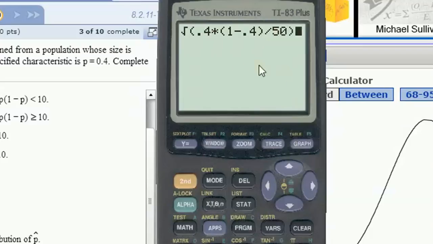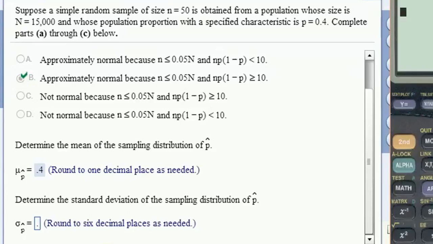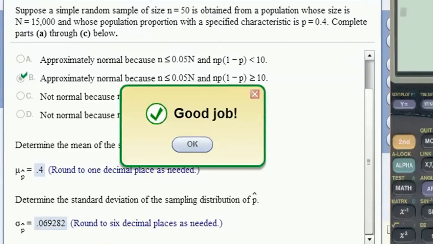So it's a square root of that whole thing. And that is the standard deviation of the sample proportion, 0.06928. We need 6 decimal places. So there you go, 6 decimal places.